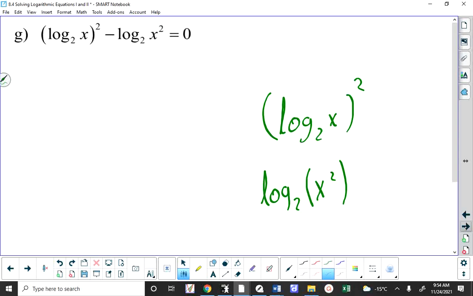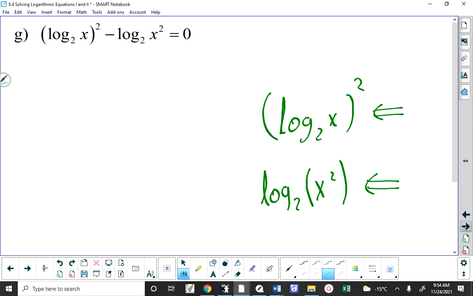So in this, and I'm only doing it this way for somebody watching the video, that exponent of 2 is part of the argument, which means we are allowed to move it out in front. But in log base 2 of x quantity squared, which is this, that exponent is not on the argument. We cannot move it in front.